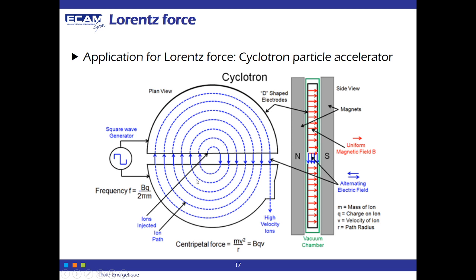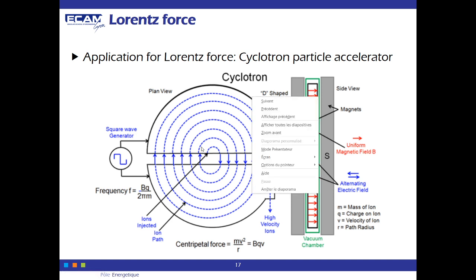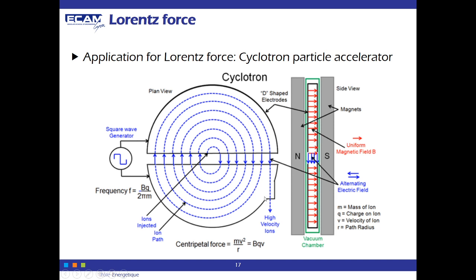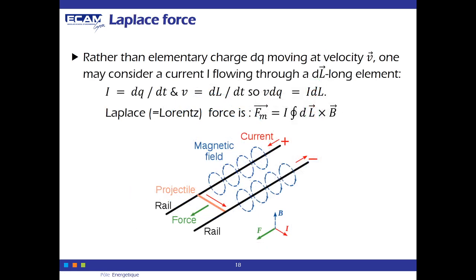But thanks to magnetism, we could change the unit vector direction, which let the particles reach very high velocity in the cyclotron experiments. And voila, this was a very interesting exercise.